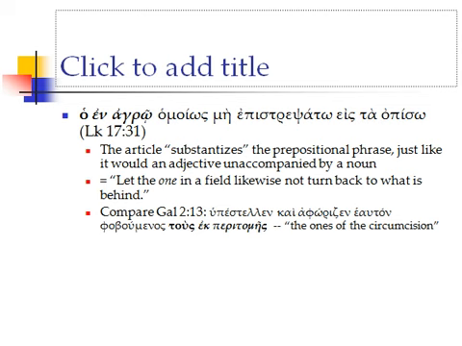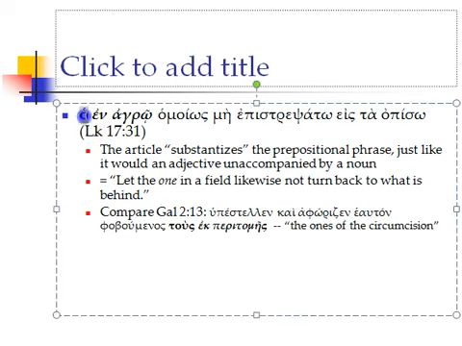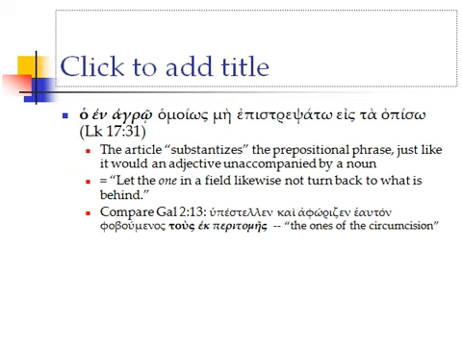Now, I had mentioned earlier that prepositional phrases could also function as noun stand-ins when they are preceded by an article, but of course not by another noun that agrees with this article in gender, number, and case. We only have, in this case, an article followed by a prepositional phrase.